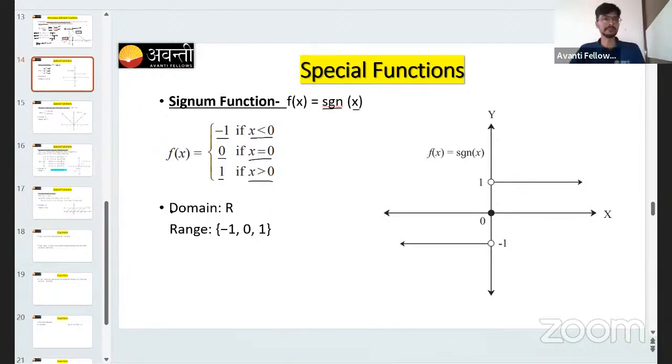What does this mean? This means that whenever I take input values on the x-axis which are greater than 0, I will get the output of 1. Whenever I take values which are less than 0, I will get the output of -1. So by this classification, we can easily plot the graph of the function, which you can see here.